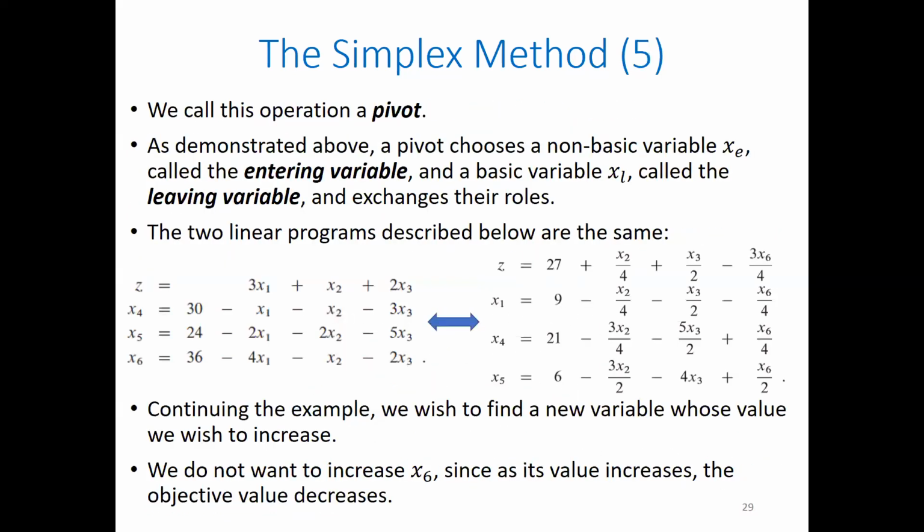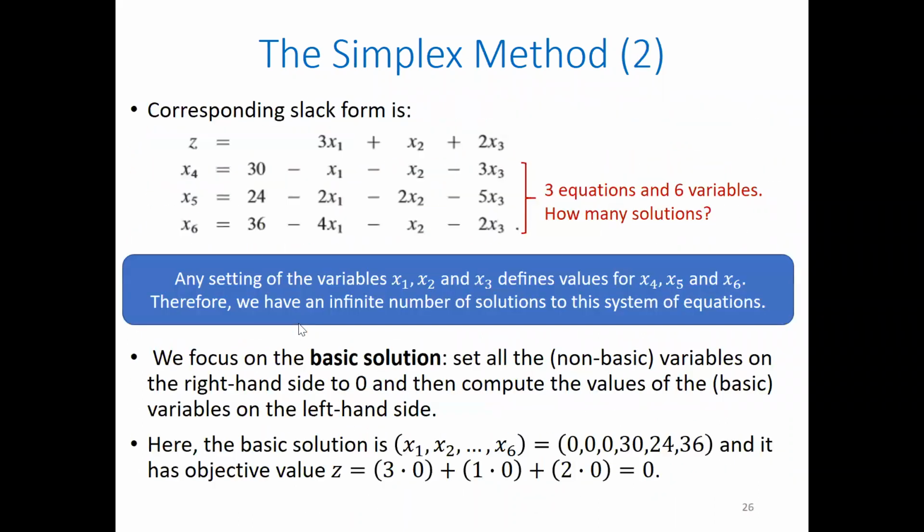Go back. x1 should be 8, x2 4. Where's that? Here. What does that tell you? x4 was included in the first constraint over here. We found the values for x1, x2, x3, and x4 would be equal to 30 minus 18, which is 12.